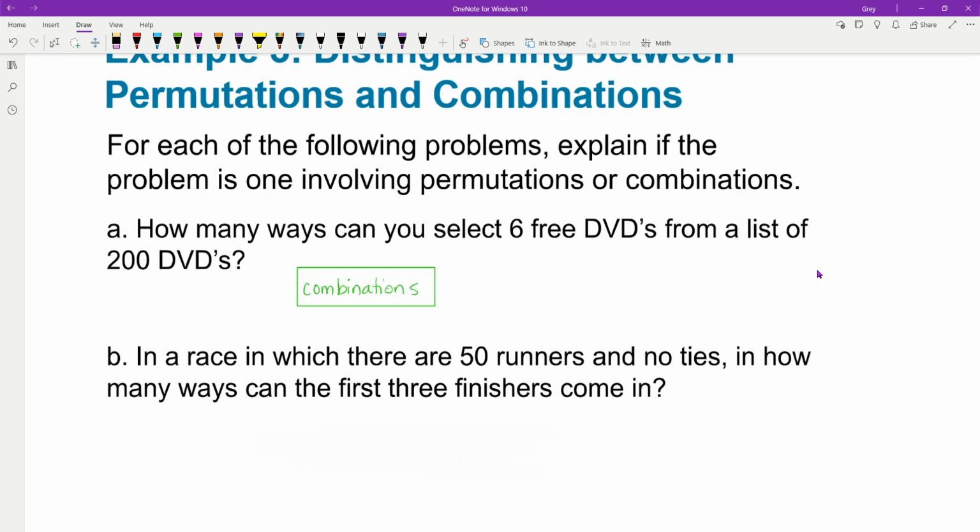In a race in which there are 50 runners and no ties, how many ways can the first 3 finishers come in? So we have a first, second, and third, but does that change the possibility or the ways that it happens if the order that those people come in changes? And it absolutely does. So this is an example of permutations.